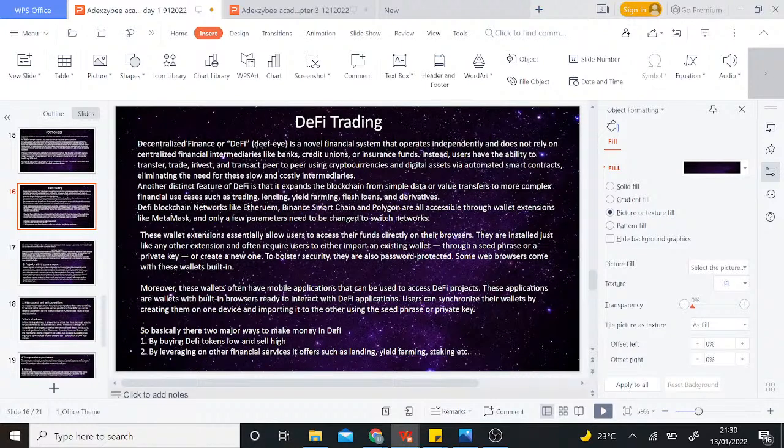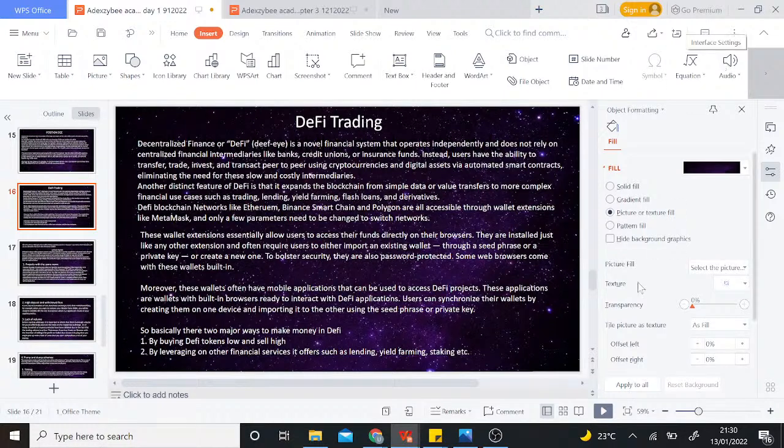That's what it means. Now you use them through DeFi blockchain networks like Ethereum, Binance Smart Chain, Polygon, etc. These are all accessible through wallet extensions like MetaMask, and only a few parameters need to be changed to switch network. Now, this simply means that to use this blockchain, you have two ways of using it.